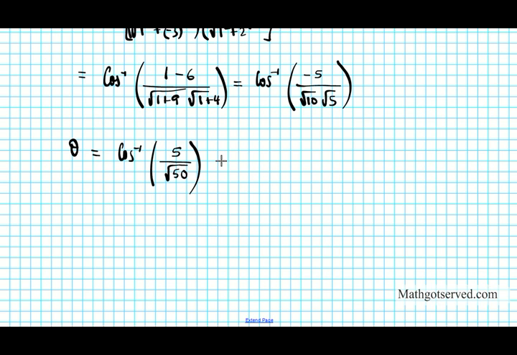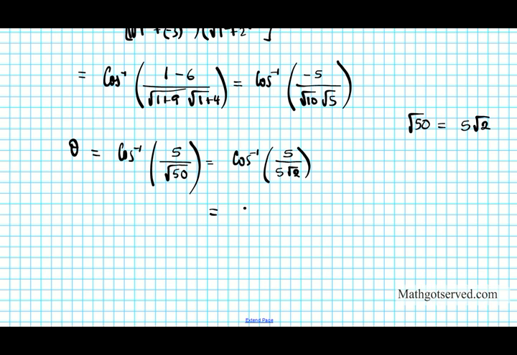All right, so let's simplify this a little bit further. There are two ways we can do it. I can express the top as a square root and then just divide, or I can rationalize the denominator. Let's reduce root 50. So we know that root 50 is the same thing as 5 root 2, right? So using that fact, this is going to be the inverse cosine of 5 over 5 root 2.